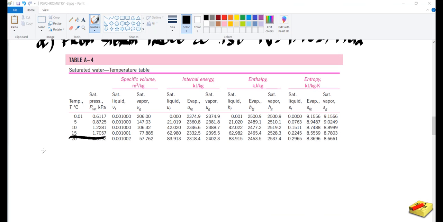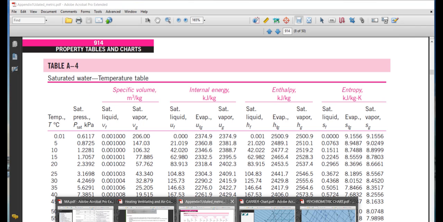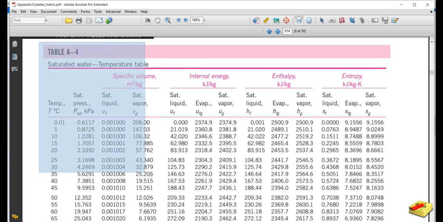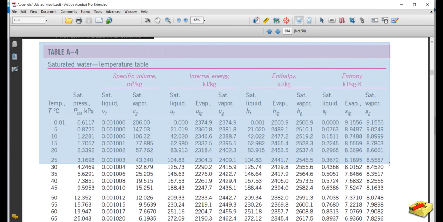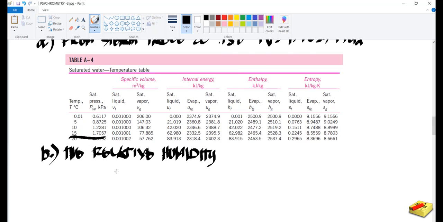Okay, for letter B, so the relative humidity, so what we have here, the relative humidity. So looking back to the steam table, no? So from here 21 to 25 we need to interpolate again using this value. Okay.